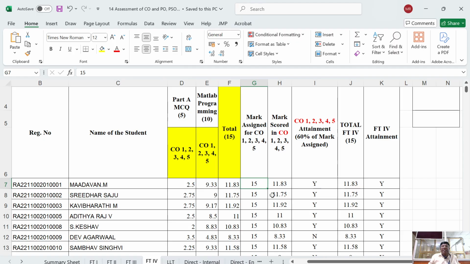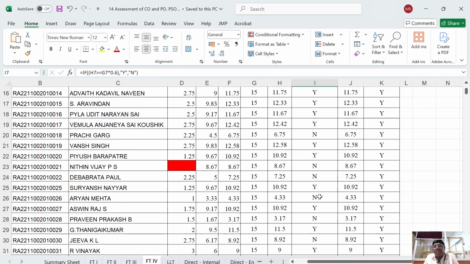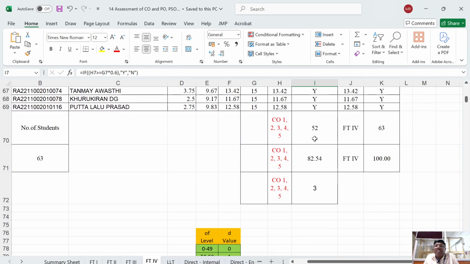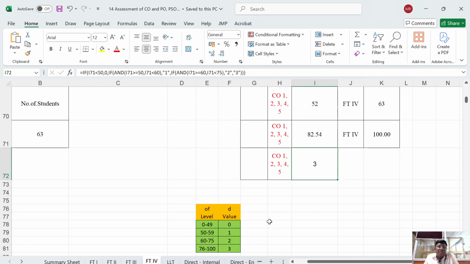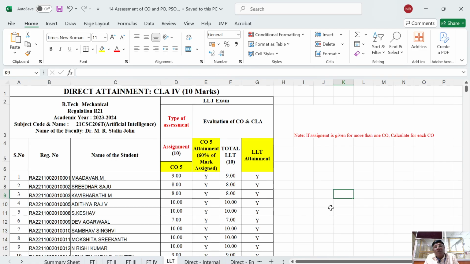If you have split it individually, you have to do it individually like the previous case, and calculate the yes for 60% of attainment, how many students attained the yes, and what percentage of attainment. Based upon the level, 76 to 100 is 3.